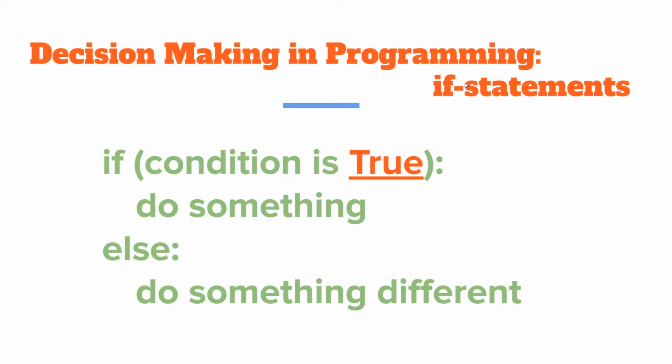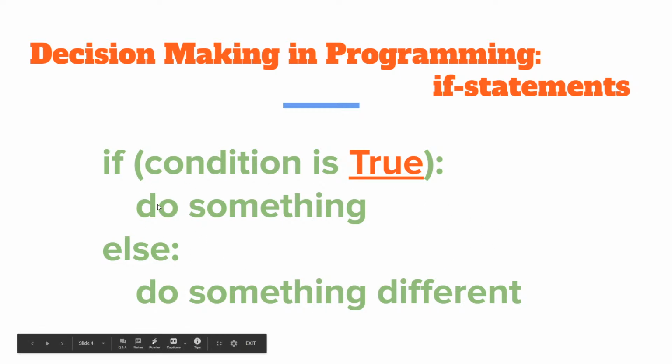If you look through the English definition of if, you can see that it entails a question. So this question will be questioning the condition, whether or not it is true or false. And if the condition proves to be true, then whatever is inside this if statement will occur.